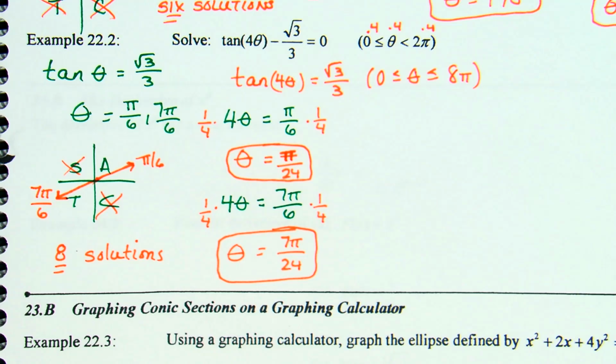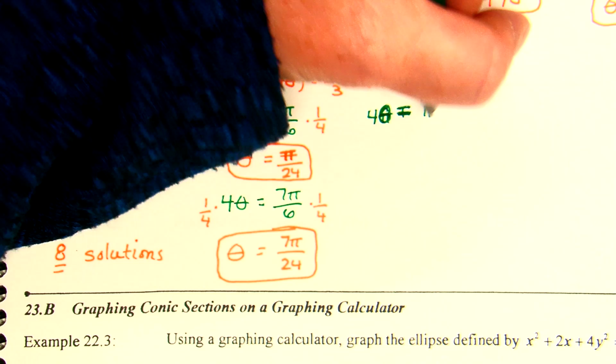Okay, so, how many mistakes can I make here? 4 theta equals, and it was pi over 6. Up above we added 360. Here we're adding 2 pi. Now, when I say 2 pi, what is 2 pi in terms of sixth? 12 pi over 6.